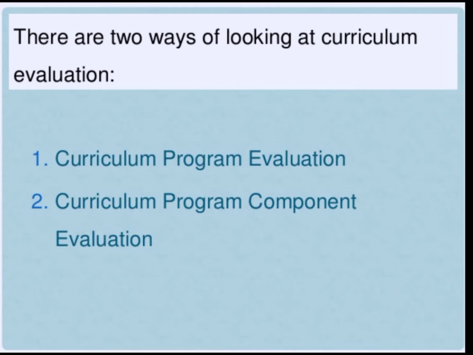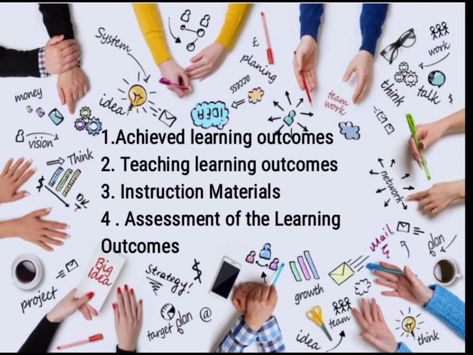The second way of looking at curriculum evaluation is curriculum program component evaluation. This will cover separate evaluation of a curriculum component, such as achieved learning outcomes, the teaching-learning process, and third, instructional materials.